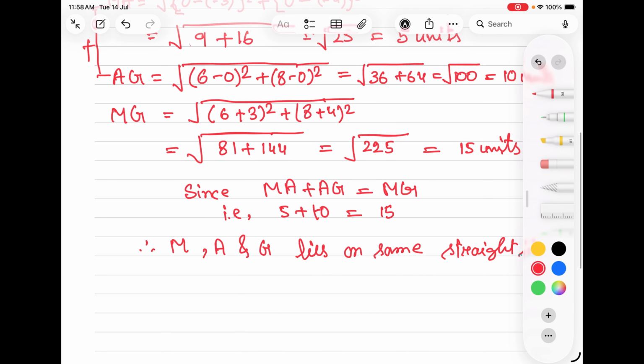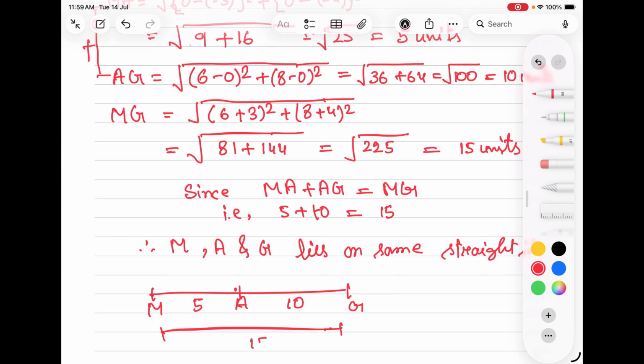Because this is suppose MA, okay, and this is MA and this is AG. MA we are getting 5 unit and AG 10 unit. If you add them, get 15, and MG equals to total 15 unit.